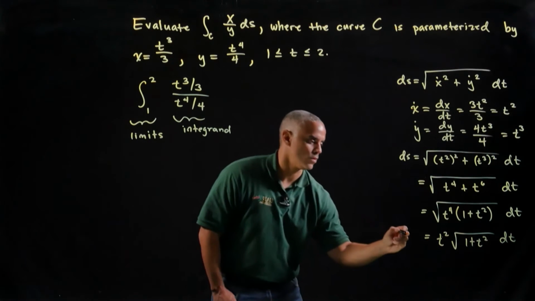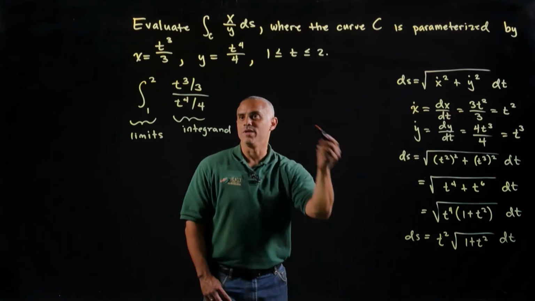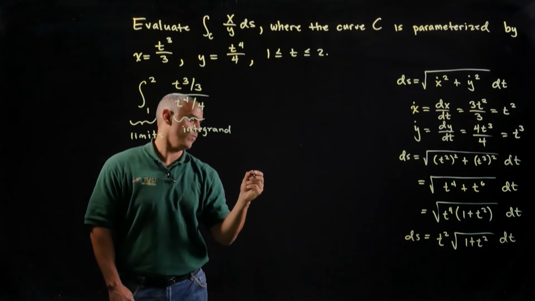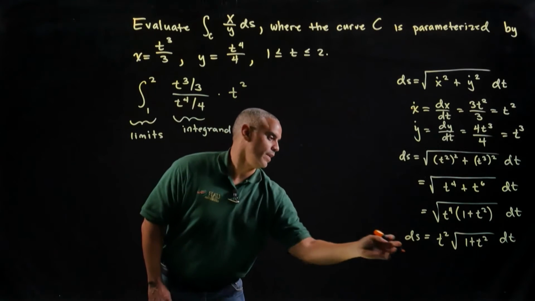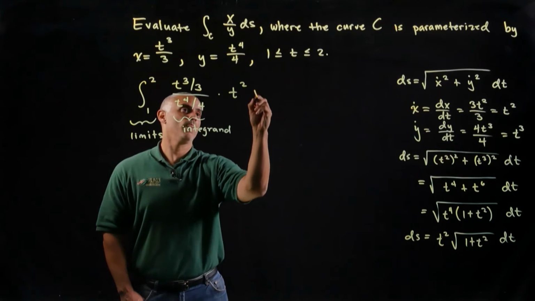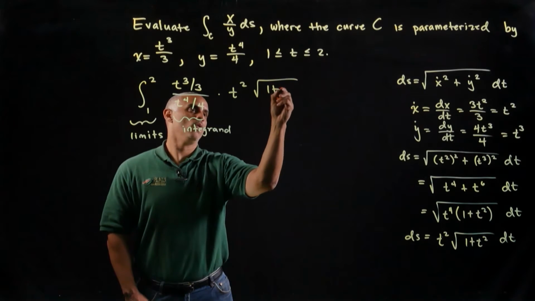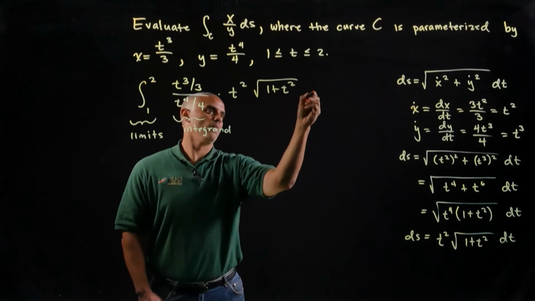Okay, and that's going to be my ds, which I can now bring back here for my differential length element, ds, as t squared root 1 plus t squared dt.